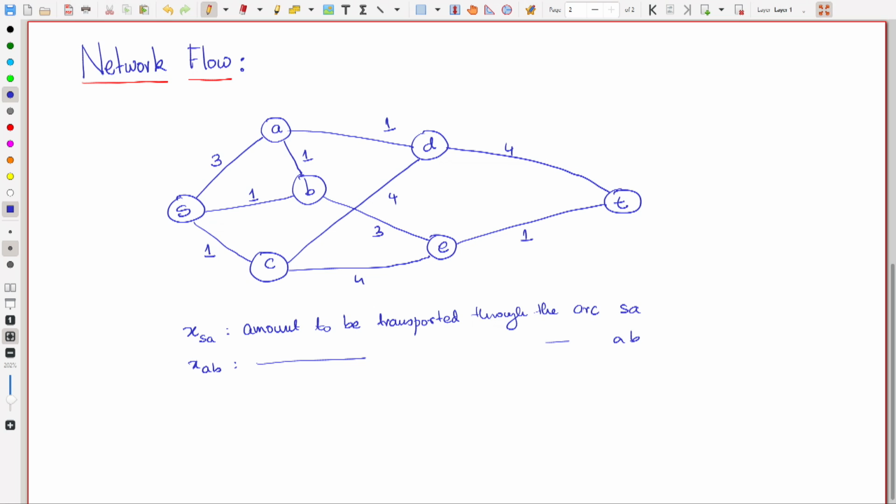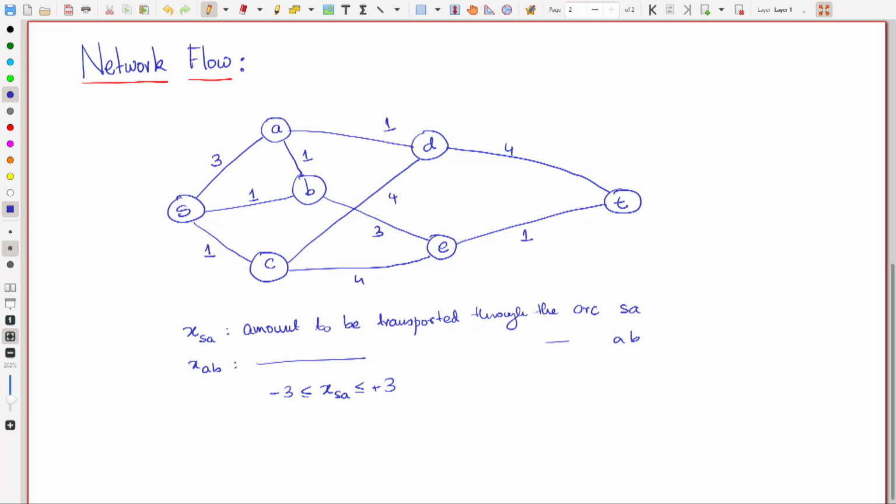So now this network flow problem can be phrased as, what are the constraints that we would have? One constraint is the capacities. We would say that X S A lies between, let us say, -3 and +3.